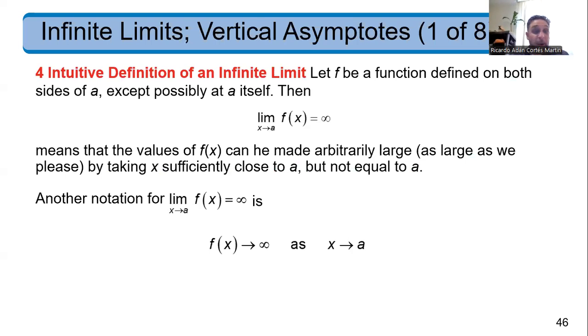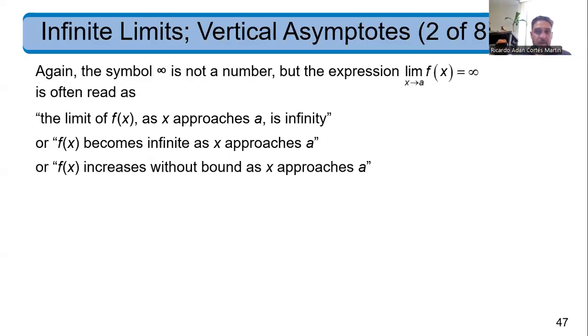So we say that the value of the limit is infinite. Does this limit exist?